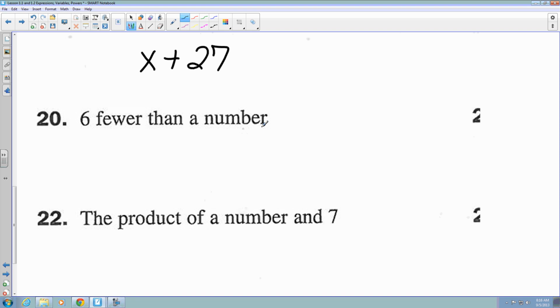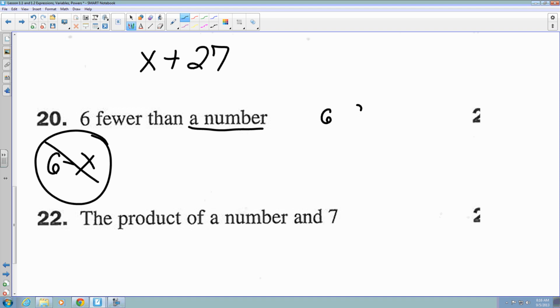Now, a lot of people think, okay, I got the 6 first, and fewer means subtraction, so I need to write it like this. And that is incorrect, okay? The reason for that is the example I used in class. Let's say you had a basket of oranges, and let's say that the number is how many oranges you have in the basket. Say it's 12. So say we wrote 6 fewer than 12 oranges.